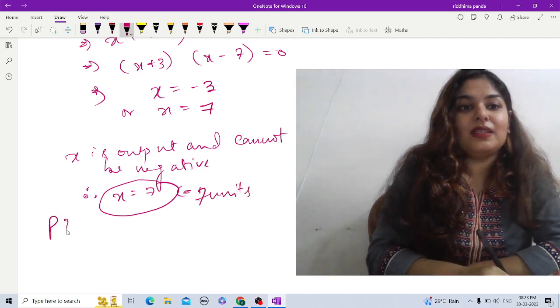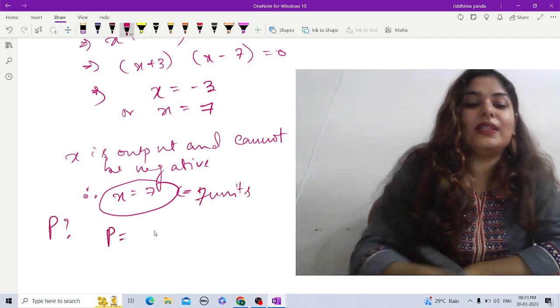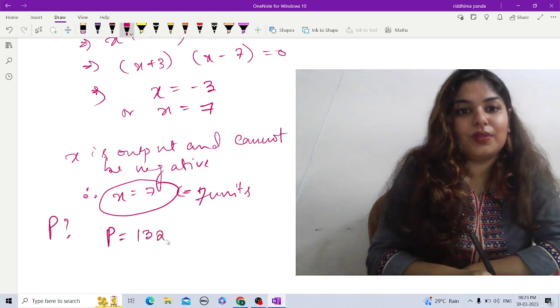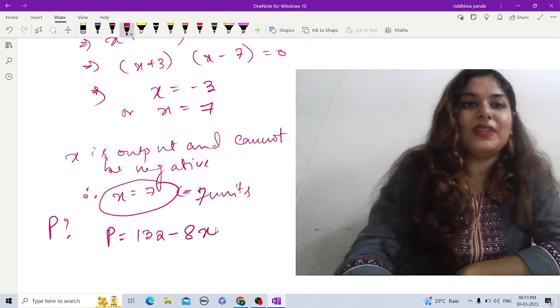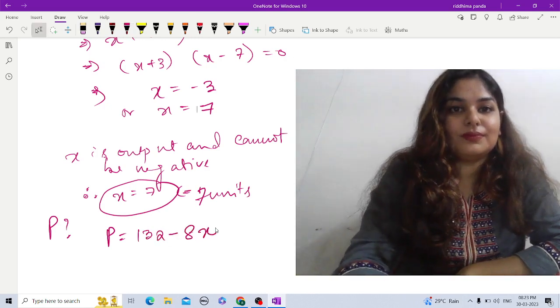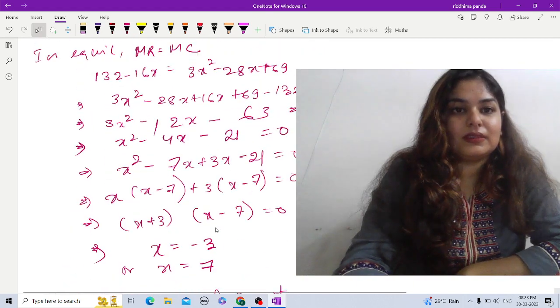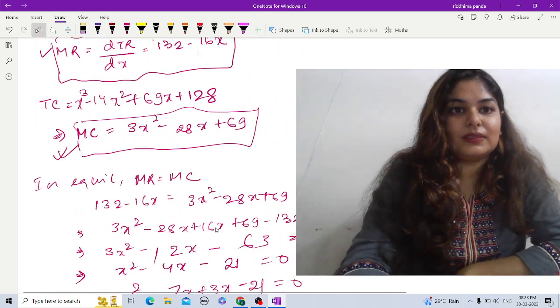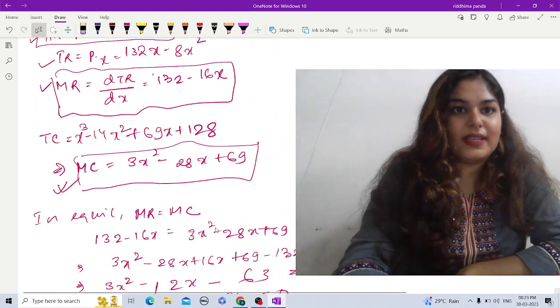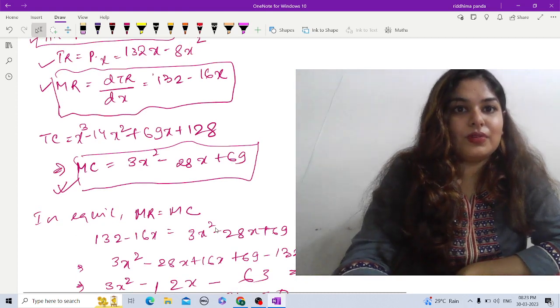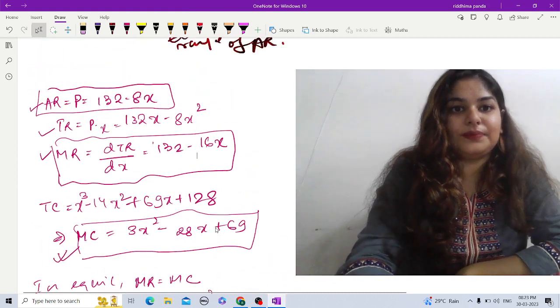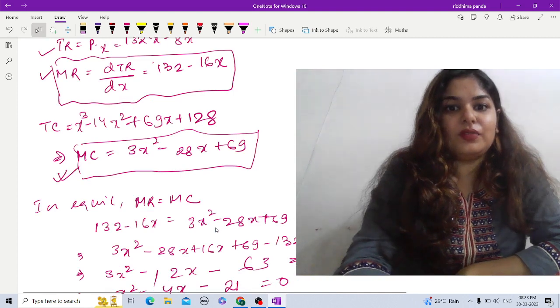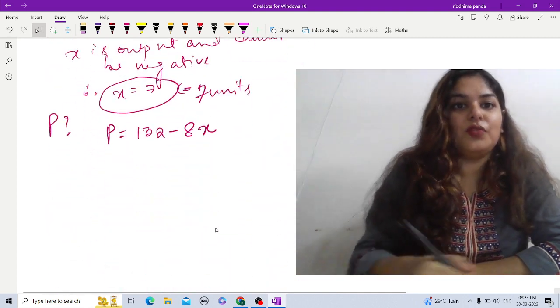Then what is the price? So we know that P is equal to 132 minus 8x. Okay, let's check. That's 132 minus 8x. So we can find out the price charged by the monopolist.